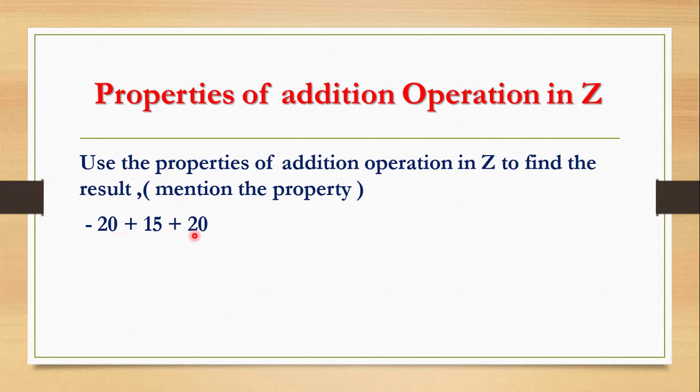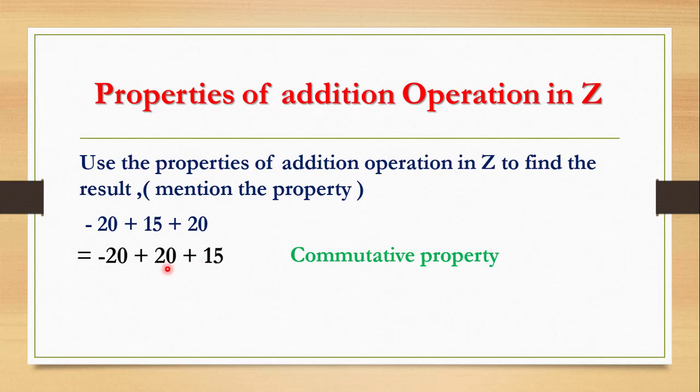Okay, at first I want to change the place of 20 with 15. 15 plus 20 is the same as 20 plus 15. So I write negative 20 plus 20 plus 15. This property is the commutative property. So this is the first property.